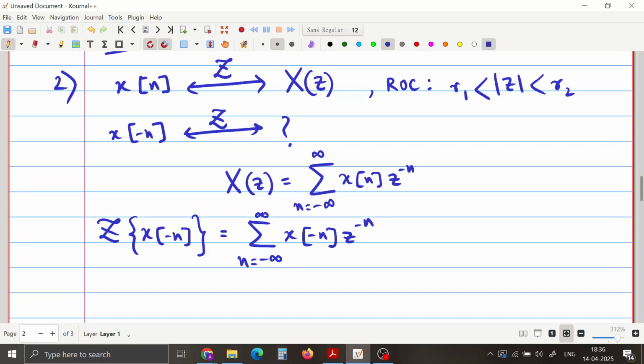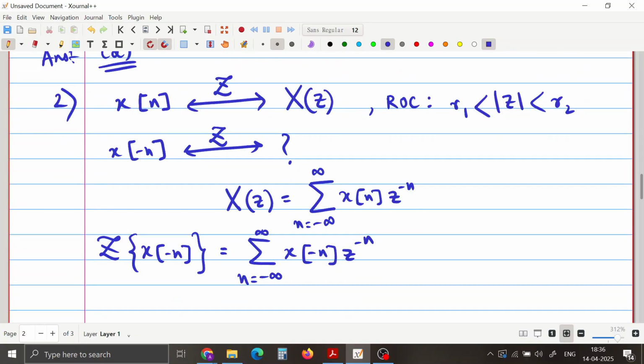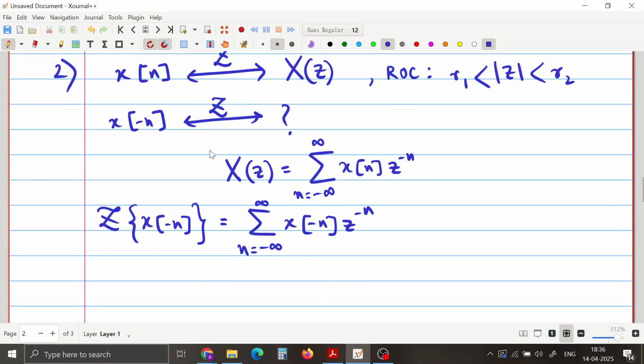In order to relate this with the original z transform capital X of z, we need to make some substitution to match those forms. The natural substitution is to let some other variable, small m, be equal to minus n.